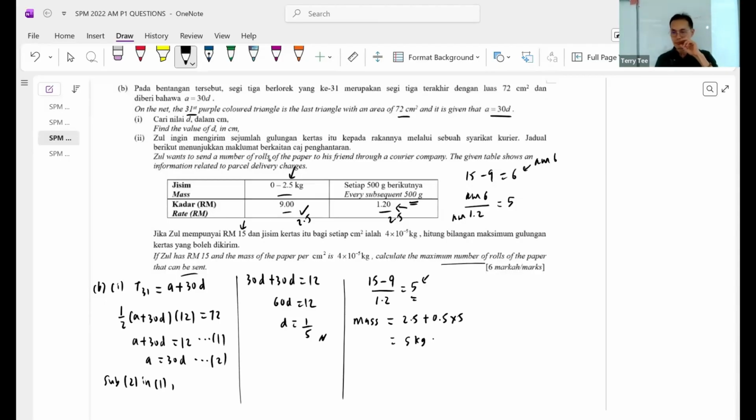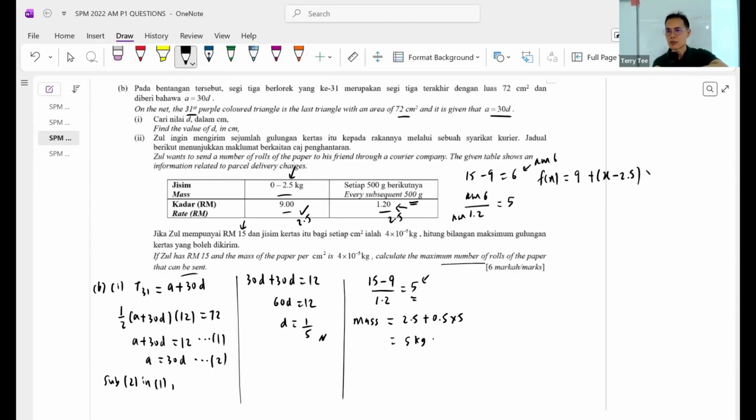Okay? Now, next, another way of thinking is this, guys. If you find this very confusing, I can find a general formula, involving a function. It looks like this, but this one is very long. First, you pay 9 ringgit. Every subsequent amount that you pay above 2.5 kg, how much do you have to pay? 120.